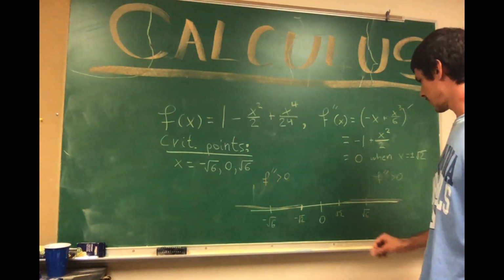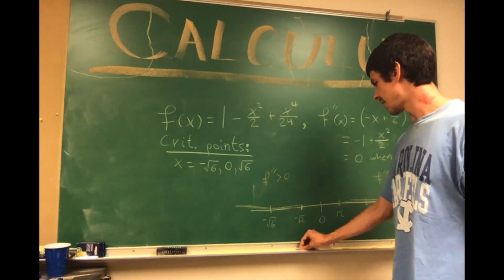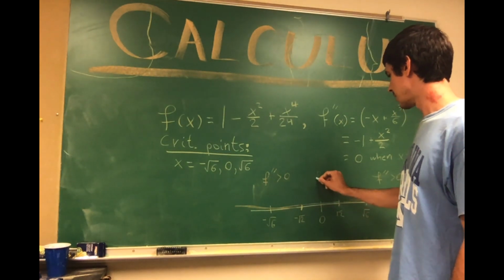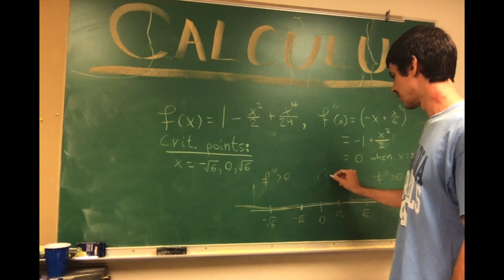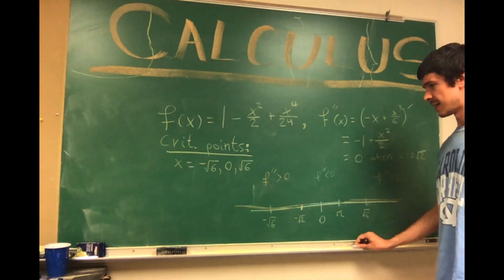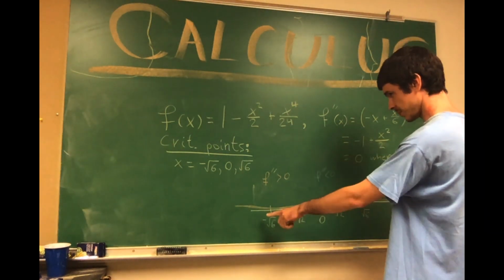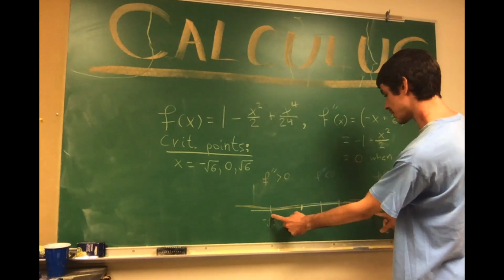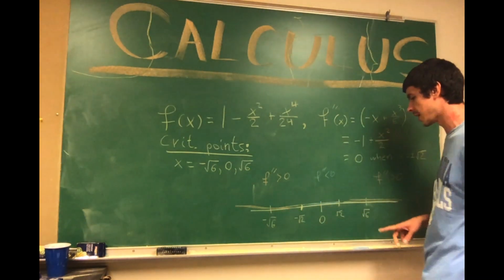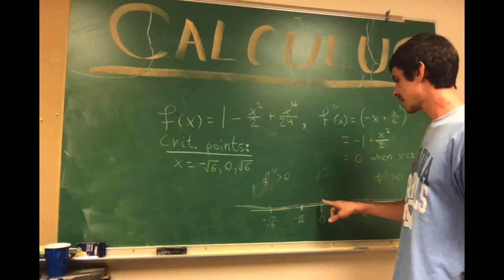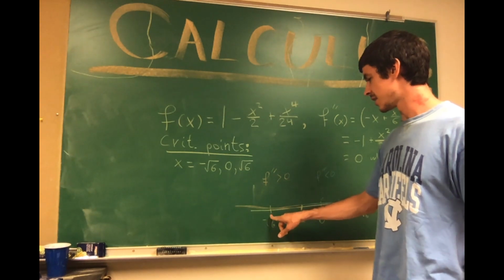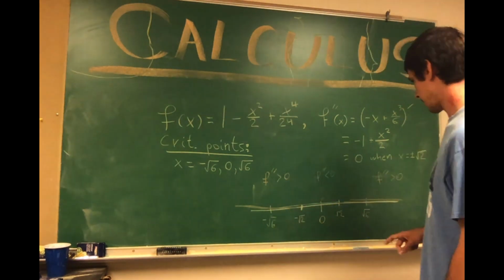And then inside of here, f double prime is going to be negative. And so f double prime is positive at both of these critical points, and negative at this critical point, which means that this critical point is going to be a maximum, and these critical points are going to be minima.